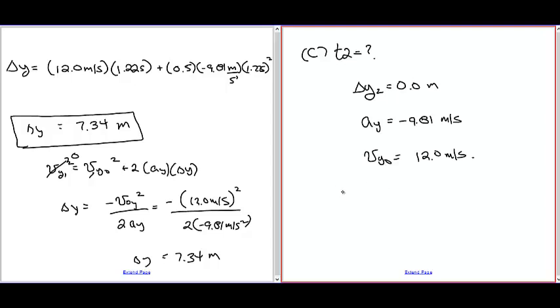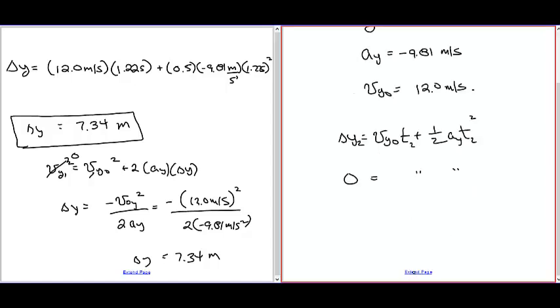So we know 3 things, and if we think about which equation to use, which one involves t, v0y, a, and delta y? Well, this one: delta y is equal to v y0 times t plus 1/2 a sub y t squared, t2 squared, and delta y2 is equal to 0. So we get the same stuff right there, and what we need to do is solve for t.